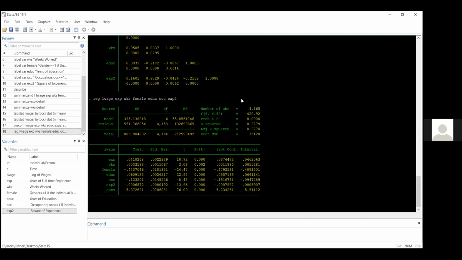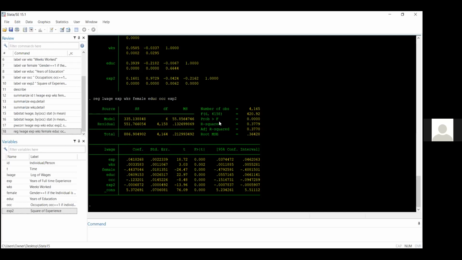This is your econometric model, the equation that you have written somewhere. So jointly, all these independent variables, the F statistic shows how significantly they predict your dependent variable, which is wages.